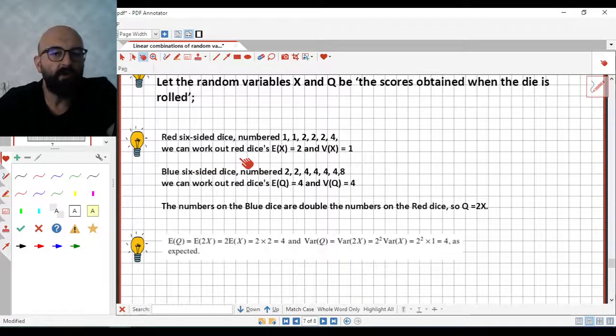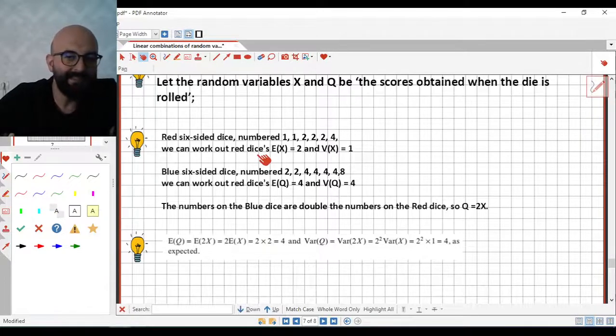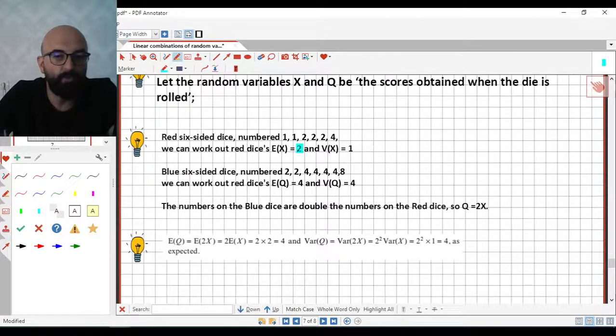We can work out for red die x, the expected value of x is 2, the variance is 1. For the blue die numbered 2, 2, 4, 4, 4, 8, we can work out the expected value 4, the variance also 4.